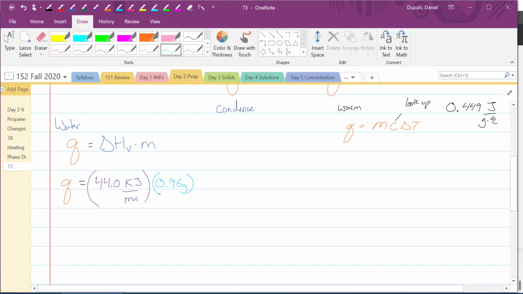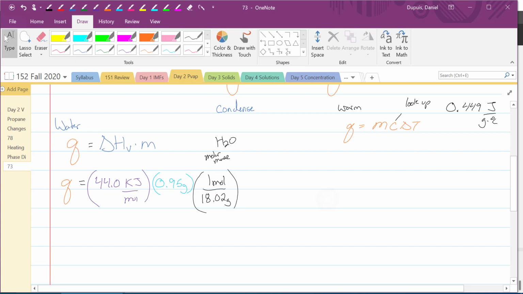You guys are probably quick enough to realize that we have grams and we have moles, and they do not cancel. However, we know water. We know that there are 18.02 grams of water in 1 mole of water, so that's molar mass, H2O. And so moles now cancel, grams now cancel.